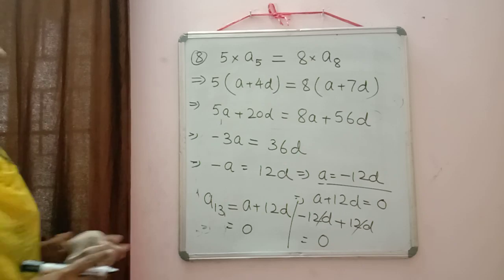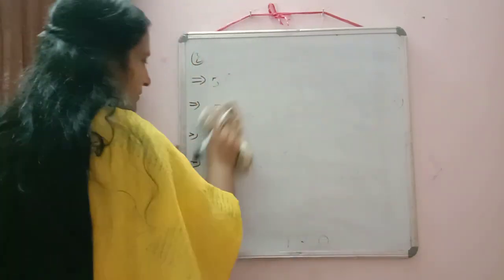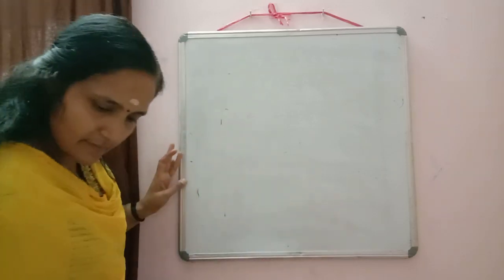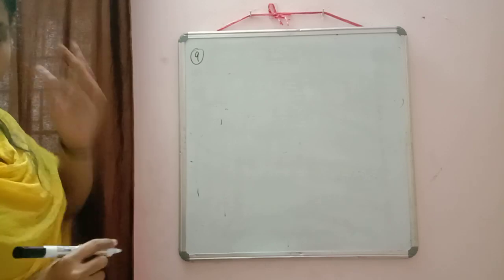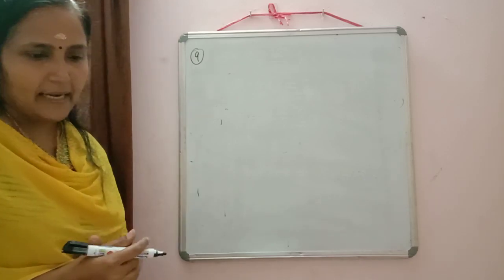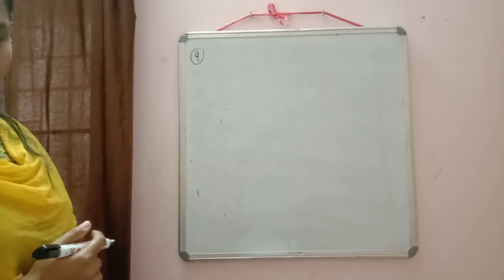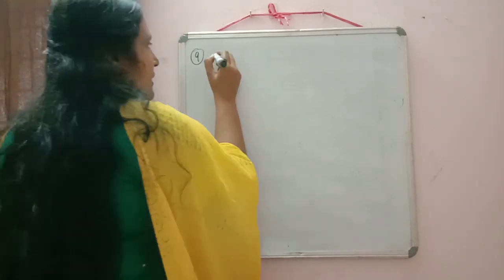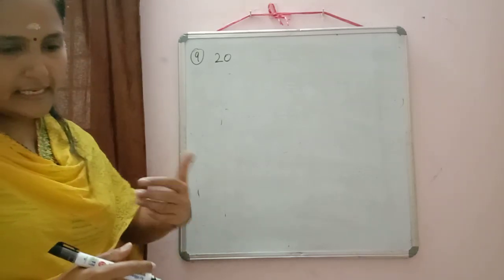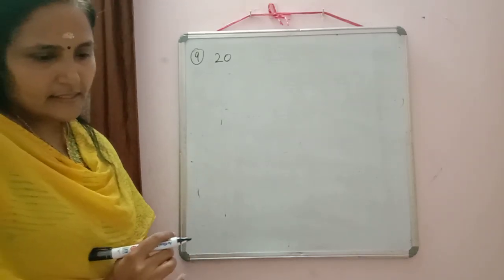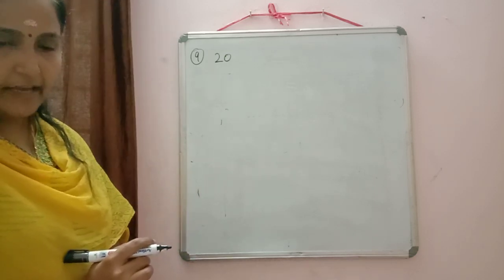So moving on to the next question, question number 9. Question number 9 is, I saved rupees 20 in the first week of a year. So I started with my saving, and in the first week, how many rupees I saved? 20 rupees, and then increased the weekly savings by rupees 5.75 per week.